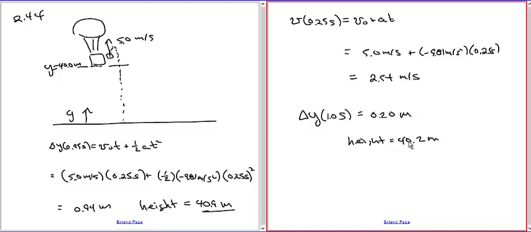But the actual answer is 40.1 if you round off, so put 40.1. And the velocity at 1 second, you plug those numbers into this equation, and you get negative 4, but I'm going to say negative 6. Negative 6 meters per second.